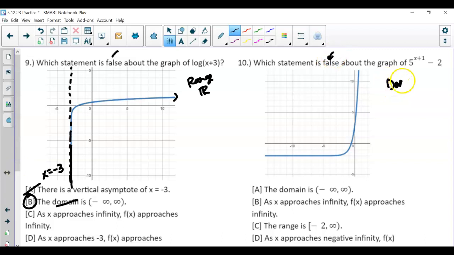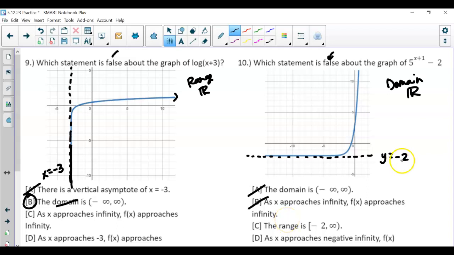So now again, the domain is all reals, right? Because the graph is constantly going left and constantly going right. And we now have the horizontal asymptote, which is here at Y equals -2. So here, A is true. Now, B, as X approaches infinity, as we're going to the right, our graph is going up to infinity. So that is true.